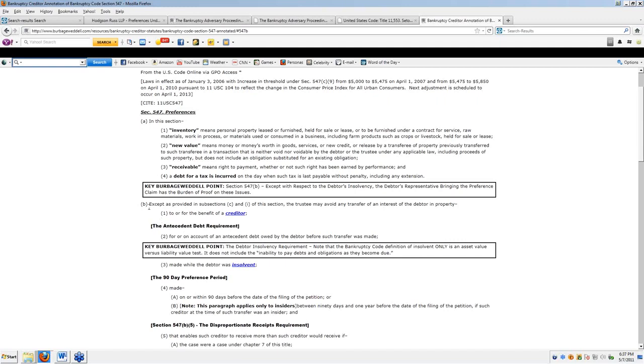Here's B. Except as provided in subsection (c) and (i) of this section, the trustee may avoid any transfer of an interest of the debtor in property to or for the benefit of a creditor. So you transferred the note at closing.